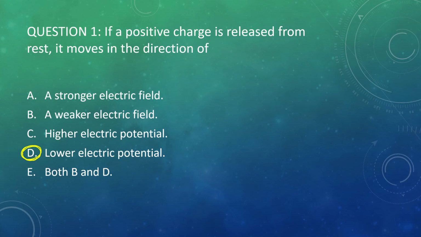So in this case, if it's moving to lower electric potential, it must be gaining kinetic energy. So it would be picking up speed as it did this, as water molecules do as they fall over a waterfall. So again, just think of that analogy. A positive charge is going to move from high to low electric potential.